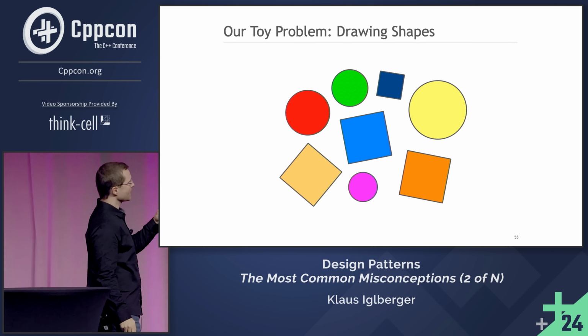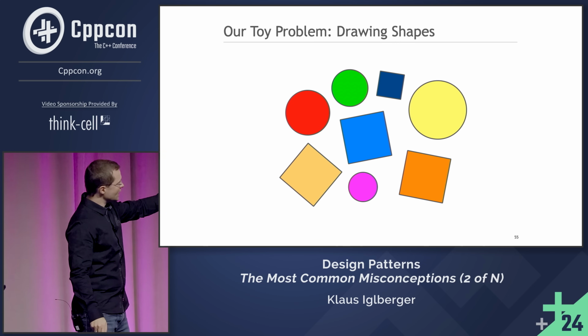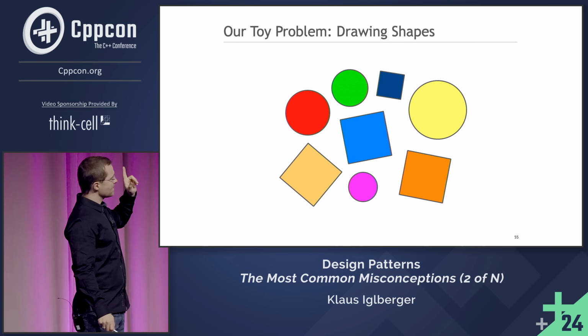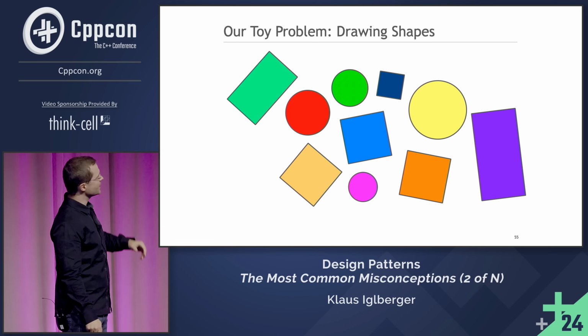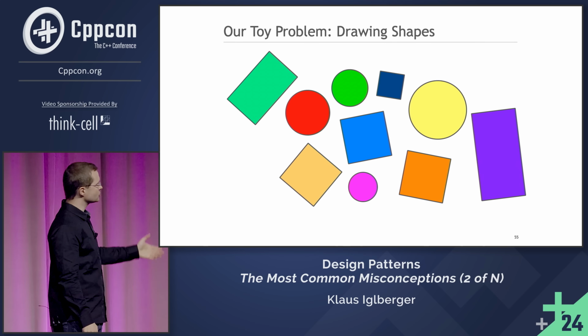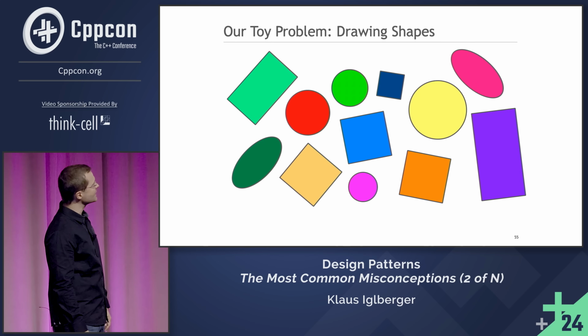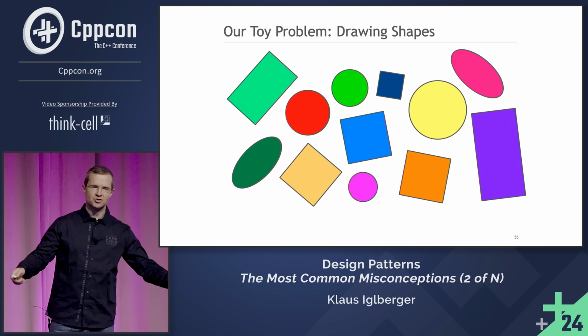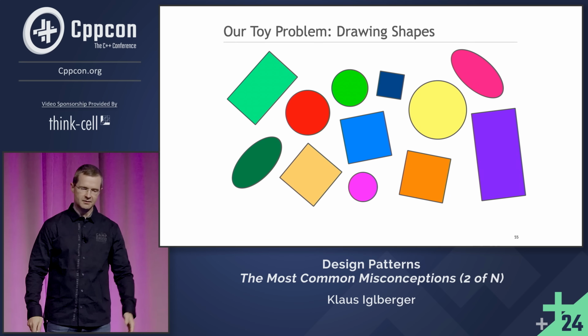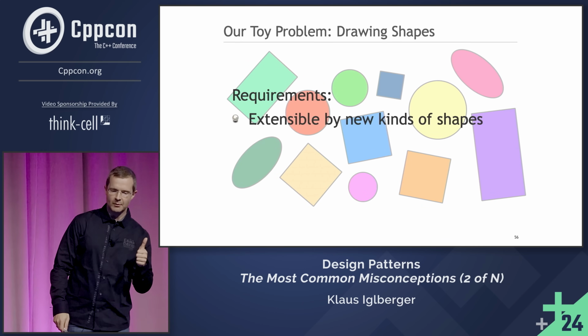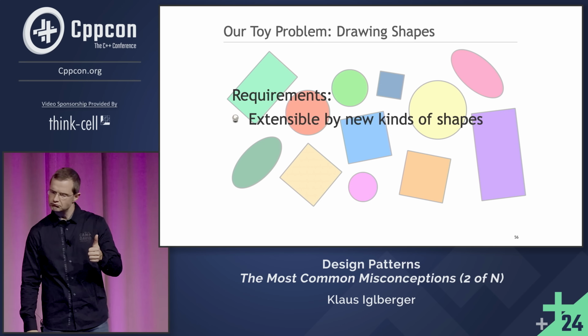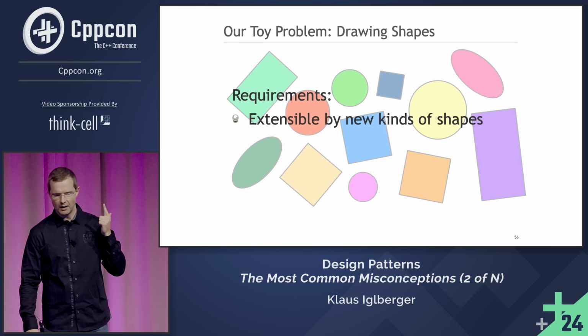That's important. So we are going to draw shapes again, but this time I specifically want to keep this extendable. So I want to be able to, perhaps at a later point, add rectangles and perhaps a couple of ellipses. Eventually somebody wants triangles too. That needs to be doable. So requirements, I want this to be extendable by new kinds of shapes, which I believe is reasonable.